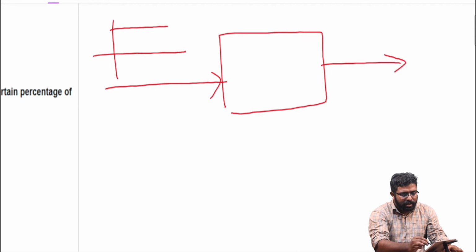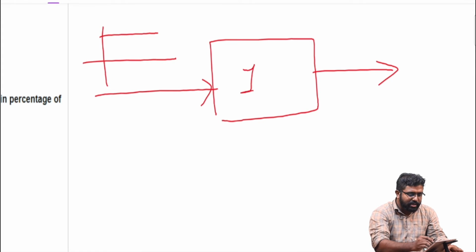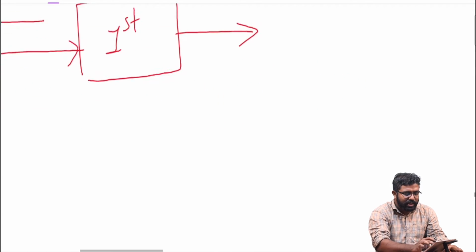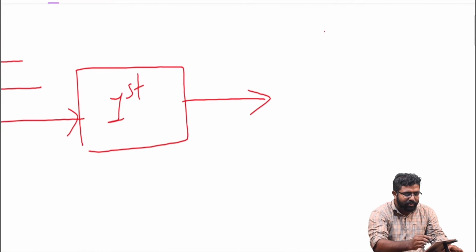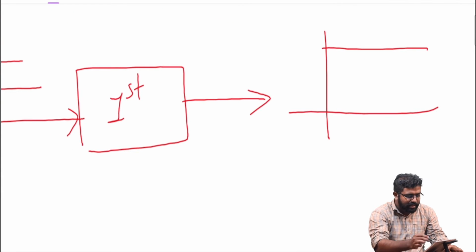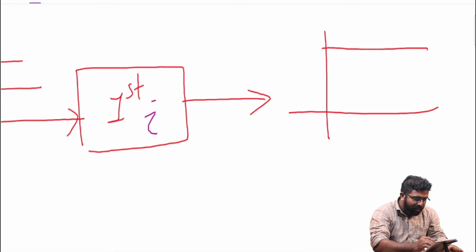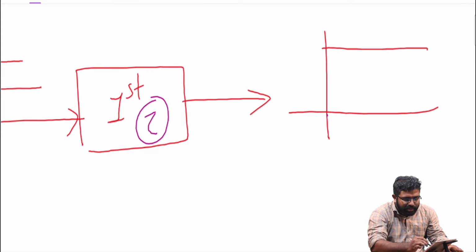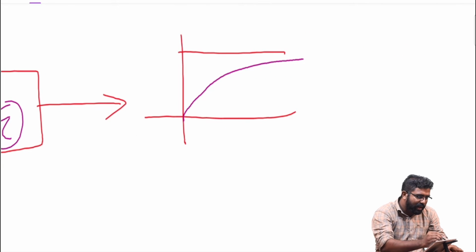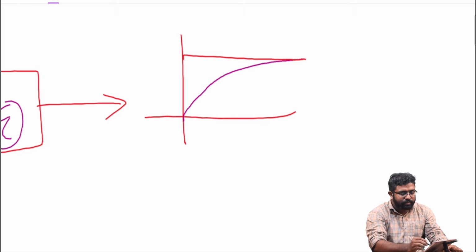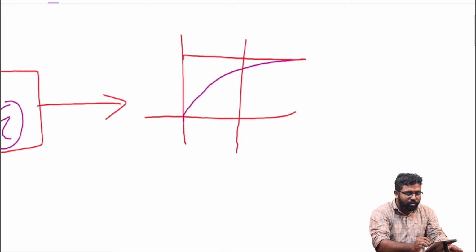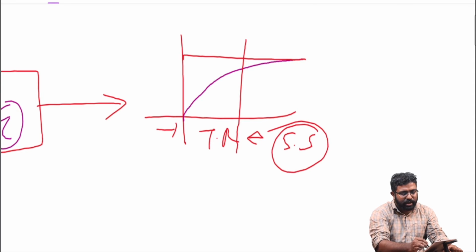If it is a first order system, it reaches the desired reference input with one time constant, rising in an exponential manner to the steady state value. The first 4 to 5 time constants are the transient period, then it is the steady state period.